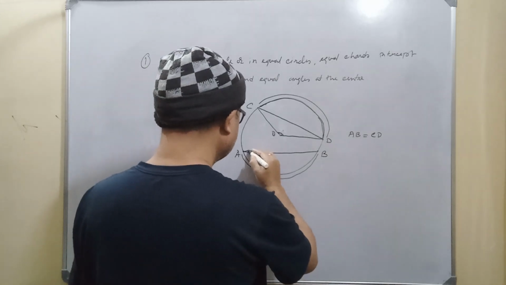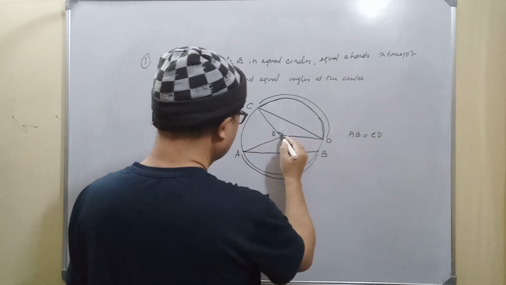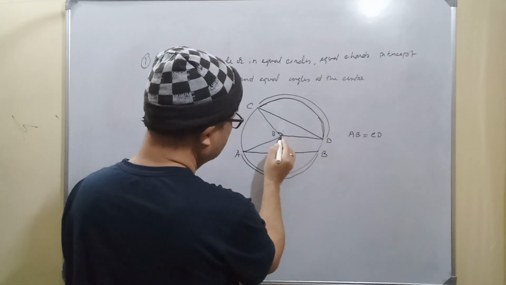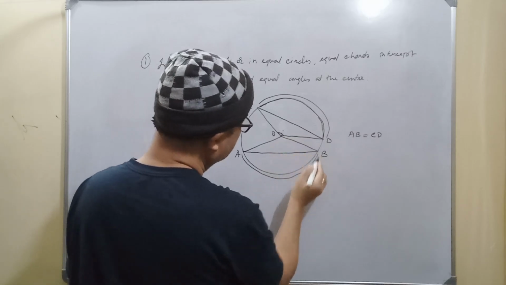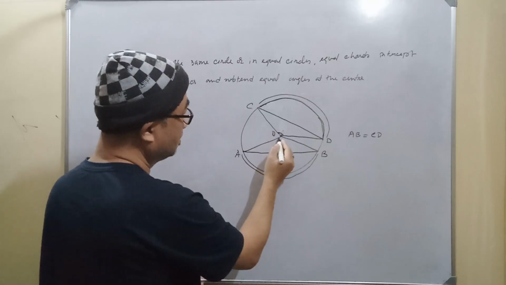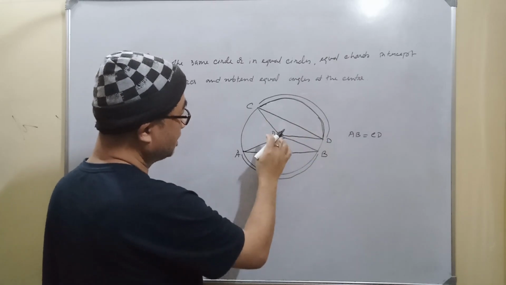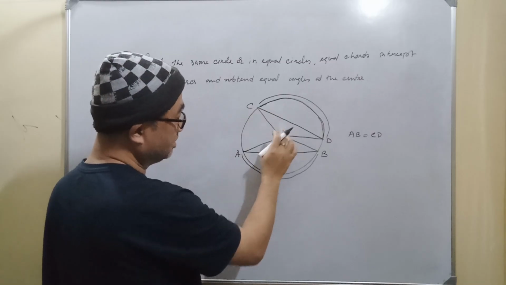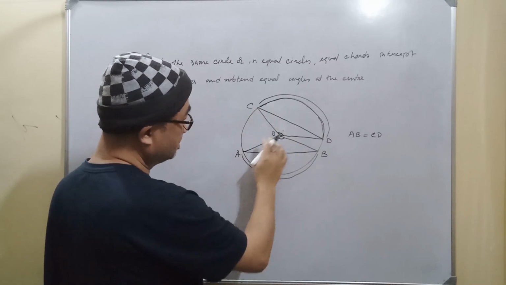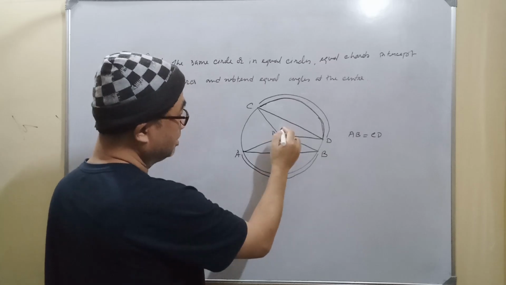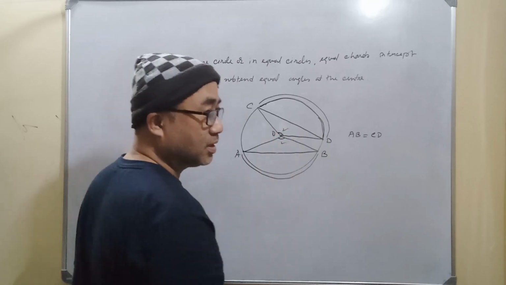Now again join AO and BO. This is another angle here. So this arc subtends this angle at the center, and this arc subtends this angle at the center. These two angles are equal.